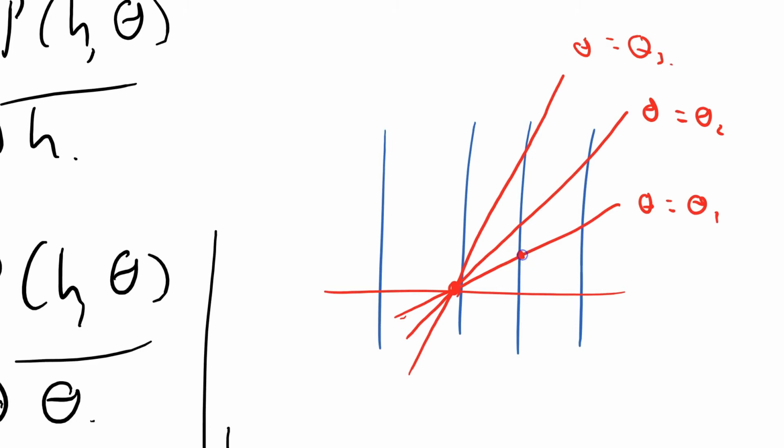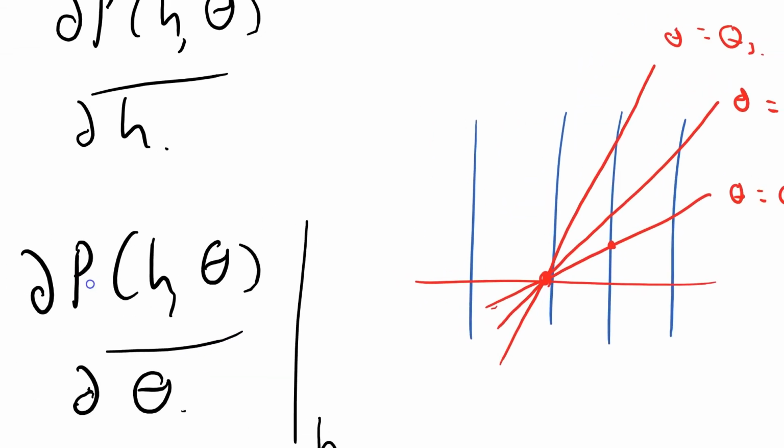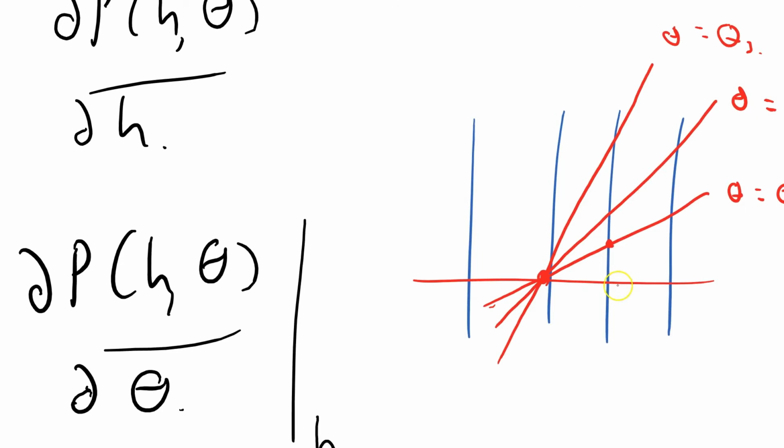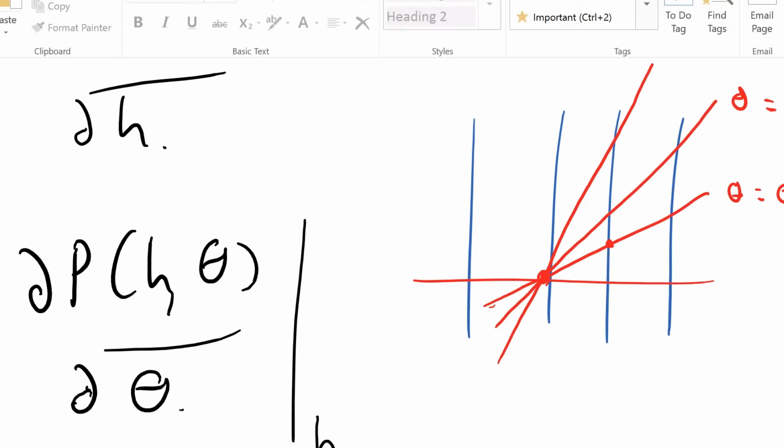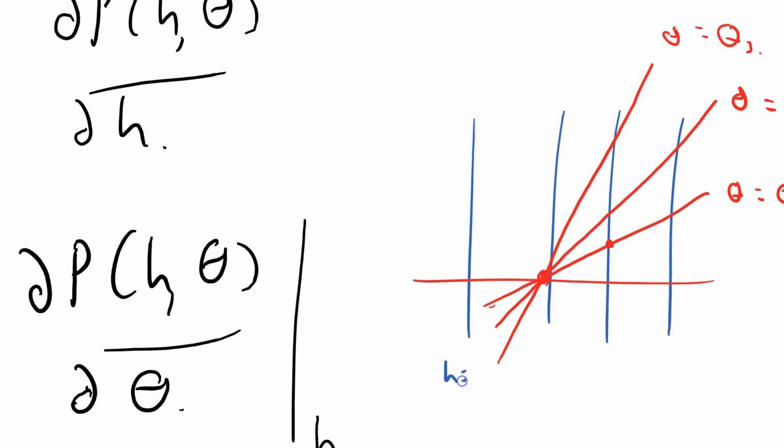So I've got my little point here. Let's have a look at the first one. What happens when we change h? Well, I'll go back to blue. That's h equals h1, h equals h2, h equals h3, h equals h4, and so on. Now we're changing h at constant theta.